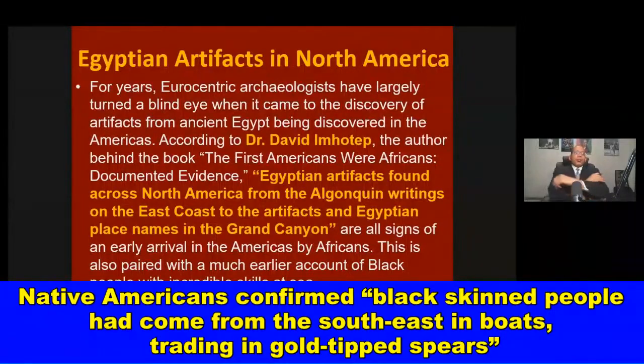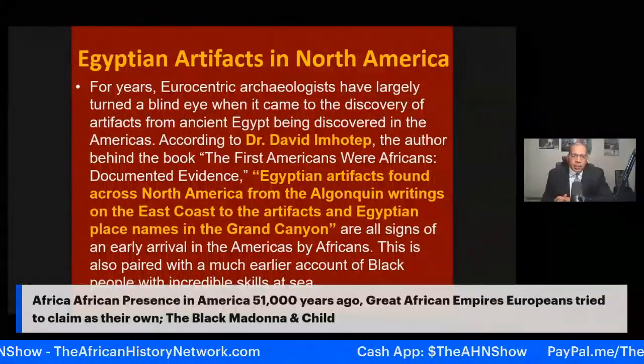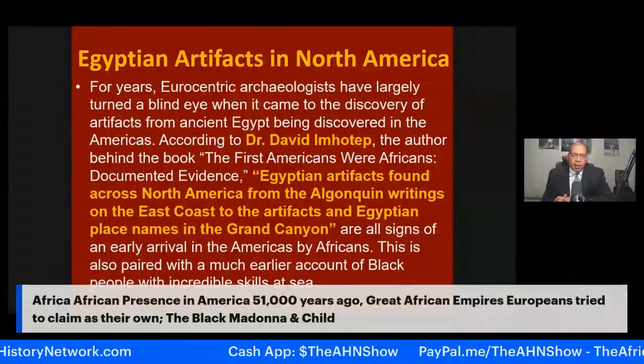Now, if we look at Egyptian artifacts in North America, for years, Eurocentric archaeologists have largely turned a blind eye when it came to the discovery of artifacts from ancient Egypt being discovered in the Americas.